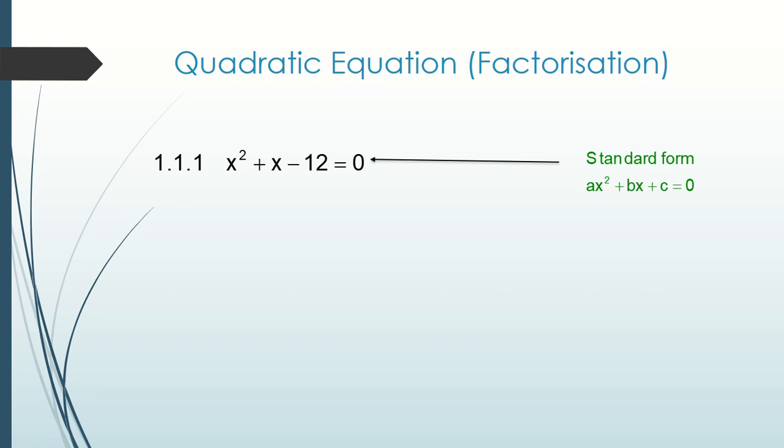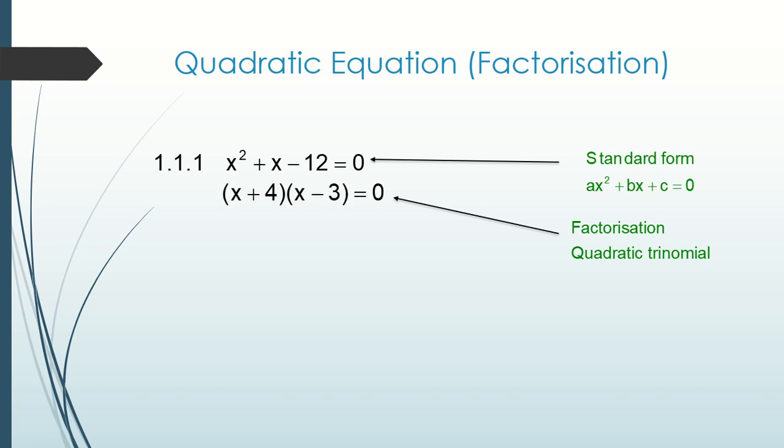Once you have identified that your equation is in standard form, you can move on to the next step, which is factorization. Because this is a quadratic trinomial, you must open two brackets and then insert the relevant factors. x multiplied by x will give you x squared. 4 multiplied by 3 will give you 12.